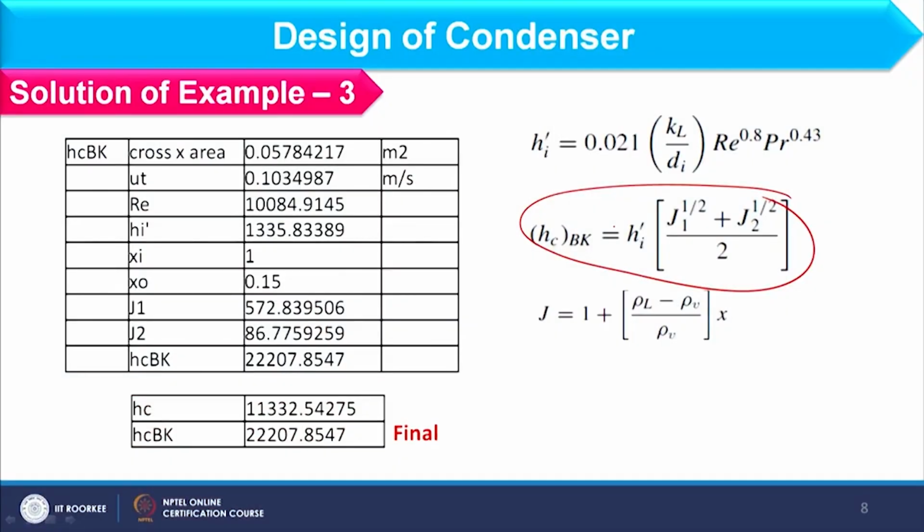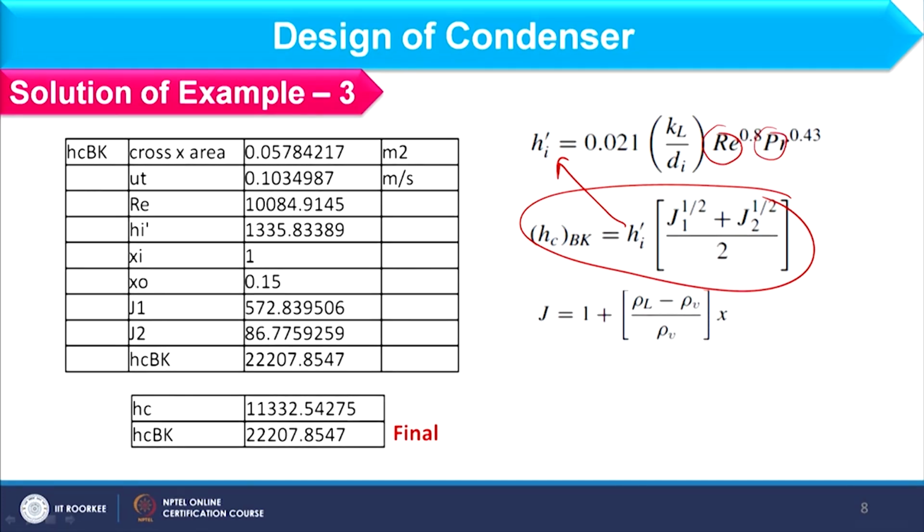Next point is we have to find out heat transfer coefficient of tube side using Boyko-Cruzley correlation. So, let us see that. So, this is basically Boyko-Cruzley correlation, and HI dash you can find out by this. So, to find out HI dash value, we should know Reynolds number as well as Prandtl number.